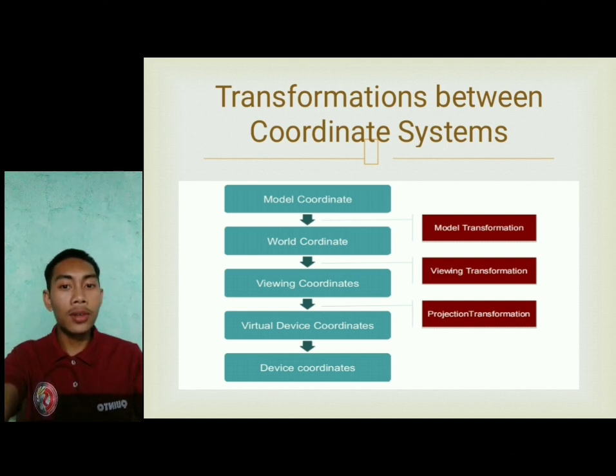Viewing transformation. Viewing transformation is the mapping of coordinates of points and lines that form the picture into appropriate coordinates on the viewed display device. Projection transformation.